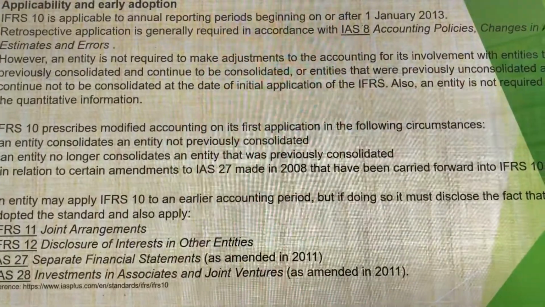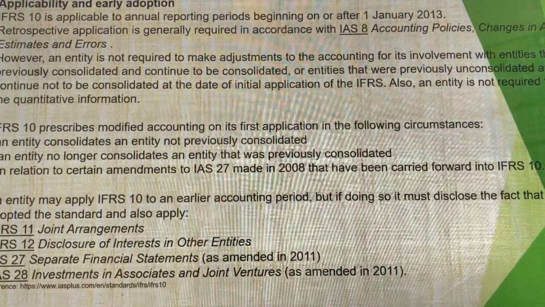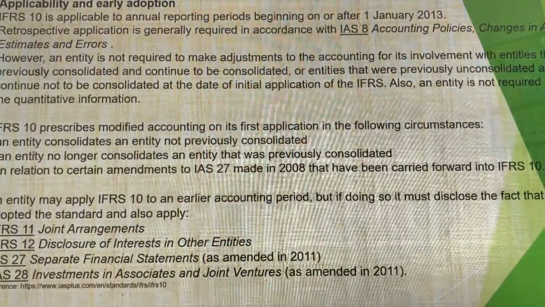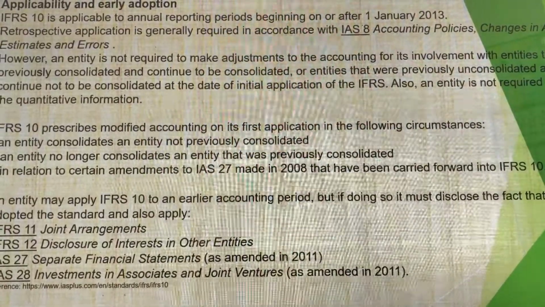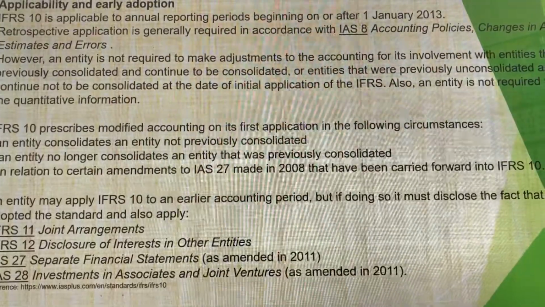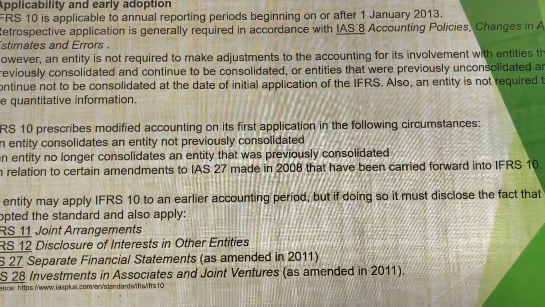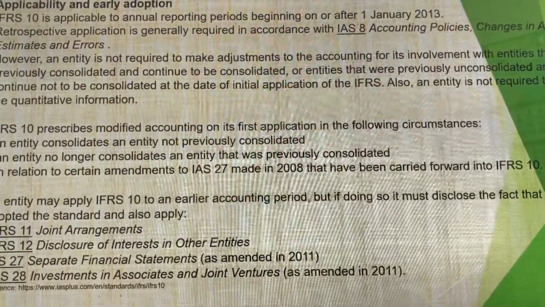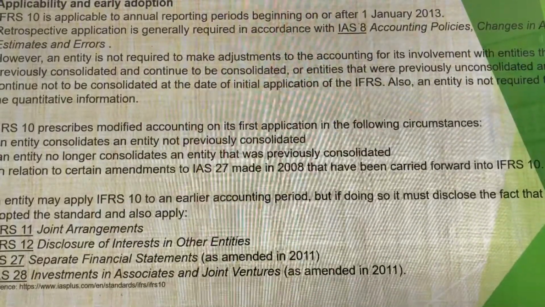Number one, an entity consolidates an entity not previously consolidated. Number two, an entity no longer consolidates an entity that was previously consolidated, and in relation to amendments to IAS 27. An entity may apply IFRS 10 to an earlier accounting period, but if doing so, it must disclose the fact.